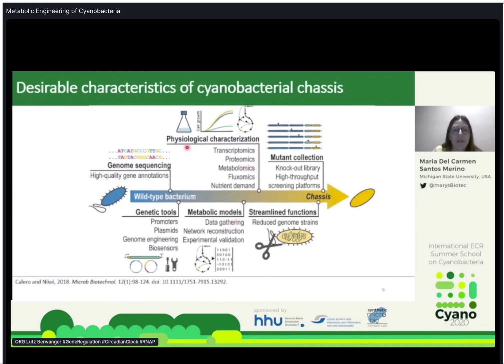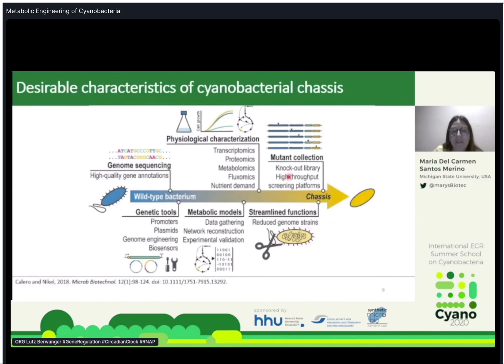Also, if we have some previous physiological characterization, transcriptomics, and other omics analysis, it's going to be really helpful to figure out what the conditions are to improve the production of a specific compound. Not in cyanobacteria, but in E. coli, reduced-genome strains have been developed, and it could be an interesting area to explore in the future in cyanobacteria, to get cyanobacteria with a reduced genome that allows us to increase genetic manipulation.